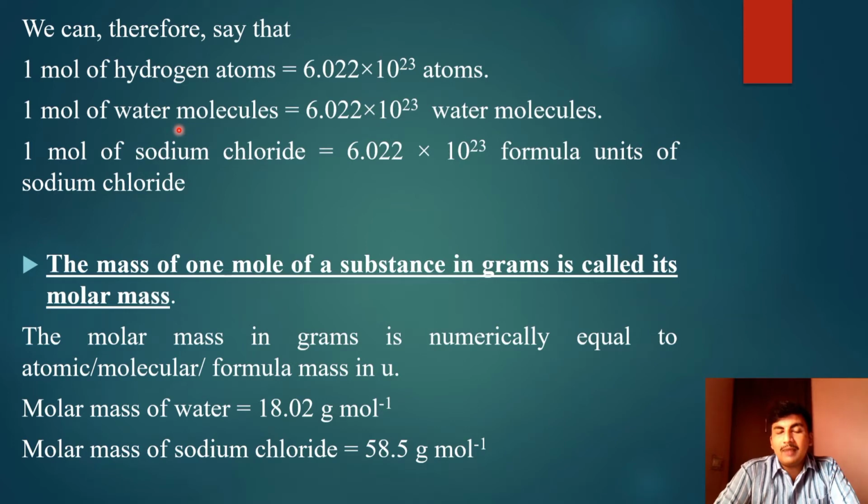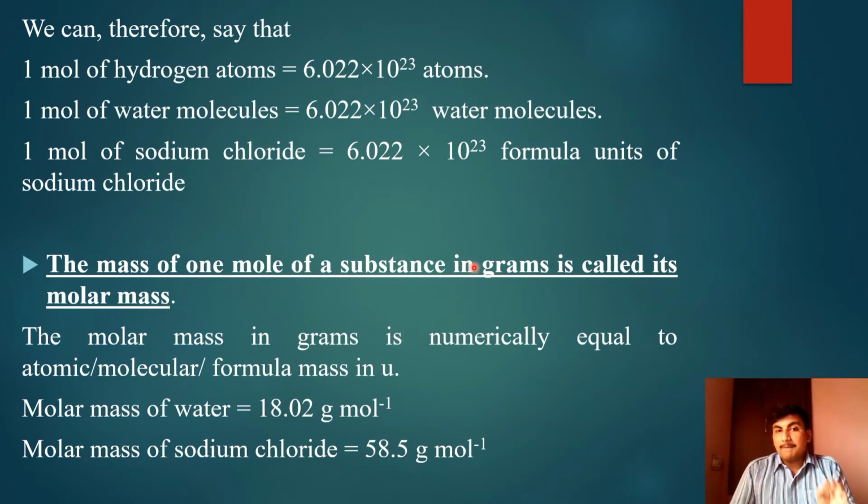Here, the mass of 1 mole of a substance in grams is called molar mass. If we write molecular mass in terms of gram, representing 1 mole of the substance in gram, it is molar mass, or gram molecular mass. Usually we wrote in terms of unified mass, right?